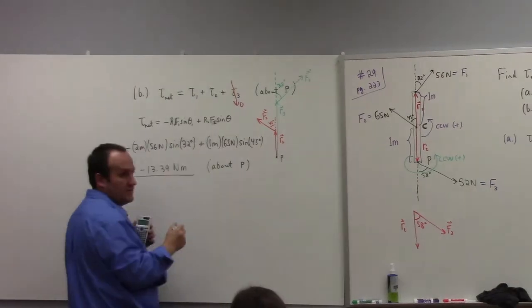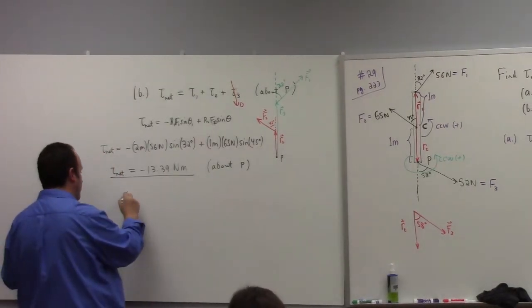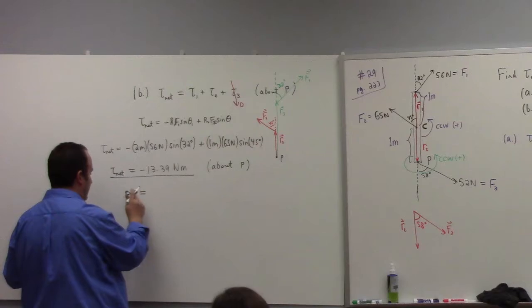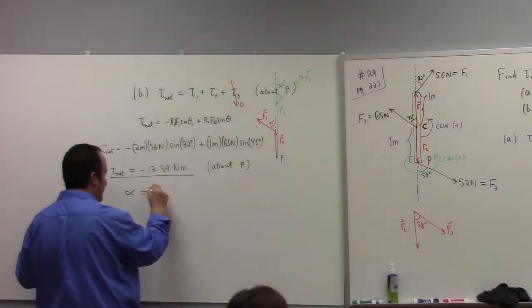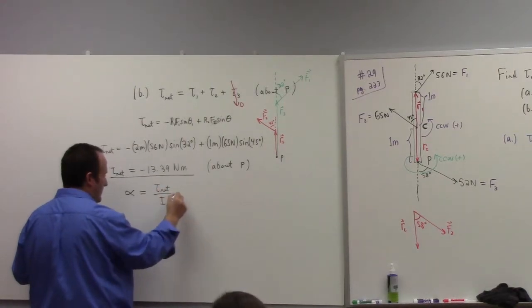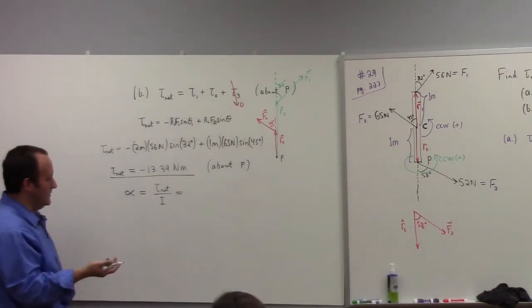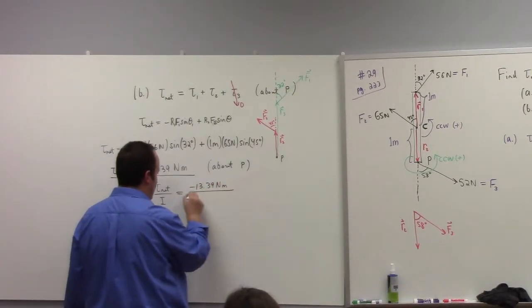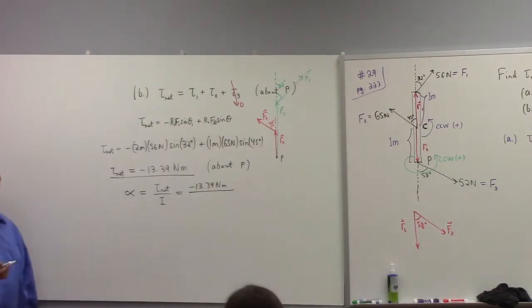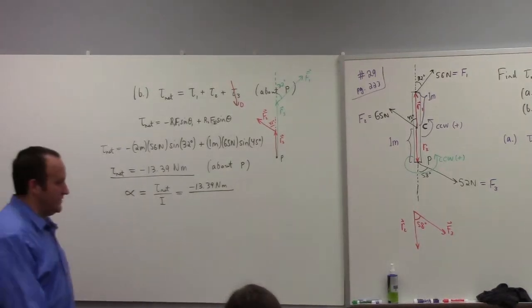So this is about P. Of course, the rotational, I'll get it eventually. Angular acceleration would be the net torque divided by the moment of inertia, which in this case is minus 13.39 newton meters. And so the moment of inertia now is not 1/12, it's 1/3, because the moment of inertia of a thin rod rotating around its endpoint is bigger, because more of the rod is further away from the point of rotation, which makes it have a larger, in some sense, rotational mass.